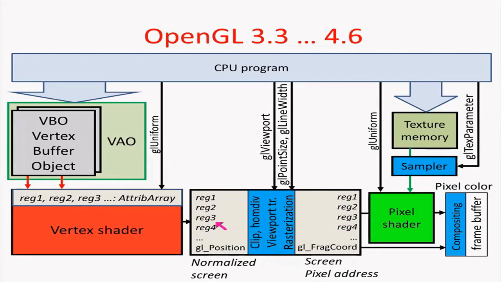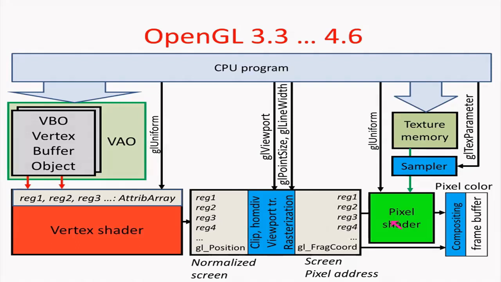Clipping, homogeneous division, viewport transformation, and rasterization are performed by the fixed function hardware of the GPU, so these steps cannot be programmed. The output of the rasterization step is a sequence of pixels with pixel coordinates and interpolated vertex attributes. Pixel coordinates select the pixel that is modified in the frame buffer.